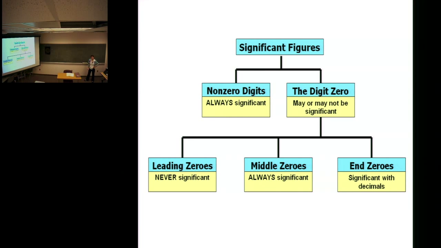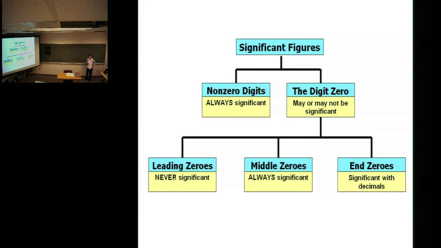How many significant figures do I have? 4 or 2? Why do we say 2? Zeros in the front of a digit are never significant. So this number still has 2. Do you see the difference?